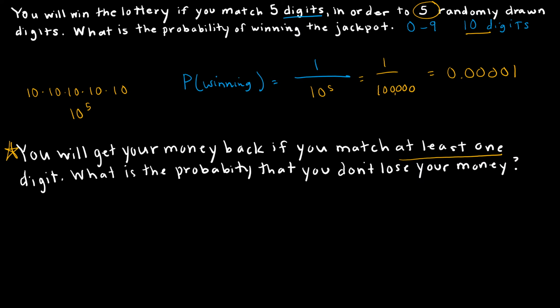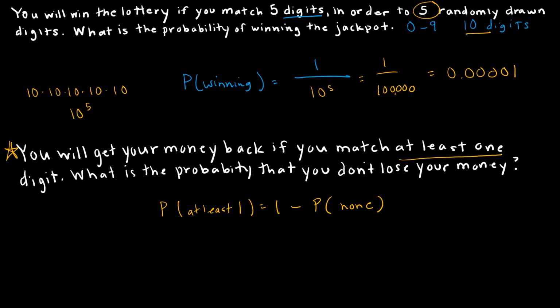But my question is, what's the probability that I don't lose my money? Which means the best idea here is, instead of finding the probability of matching 1 and 2 and 3 and 4 and 5 and then adding all of those together, the probability of at least 1 would be 1 minus the probability of not matching any.